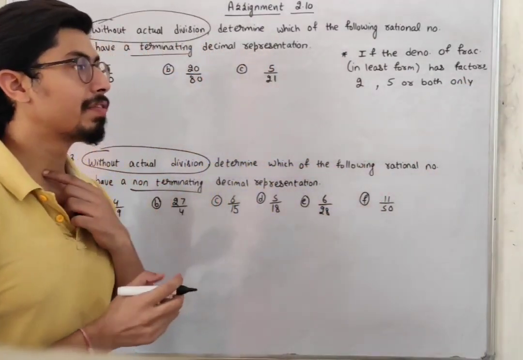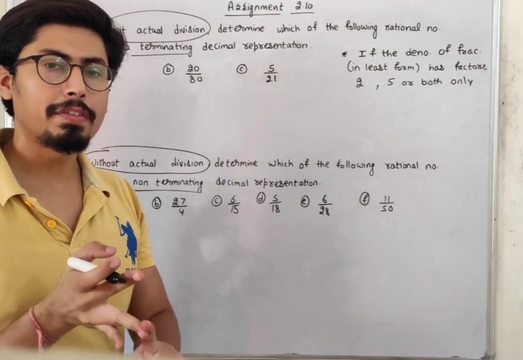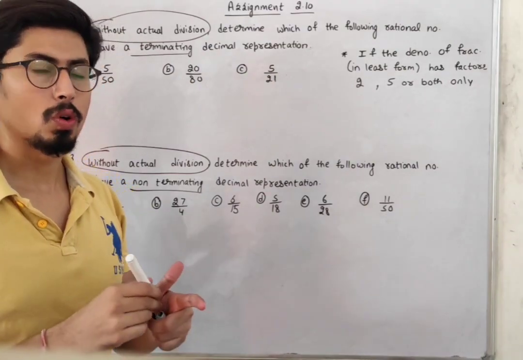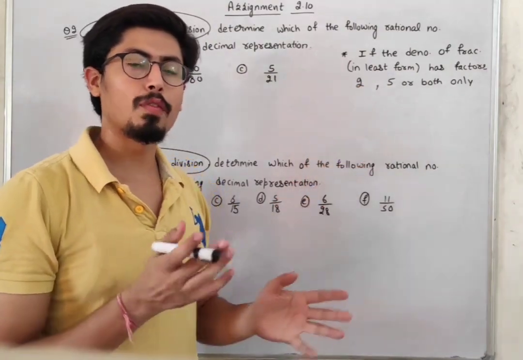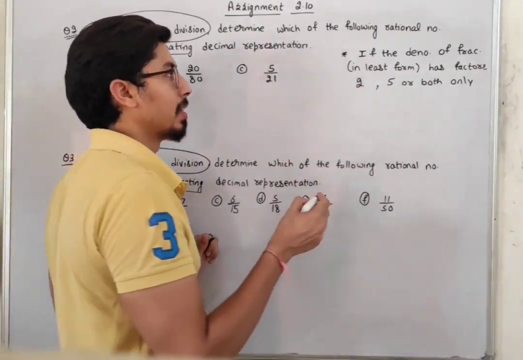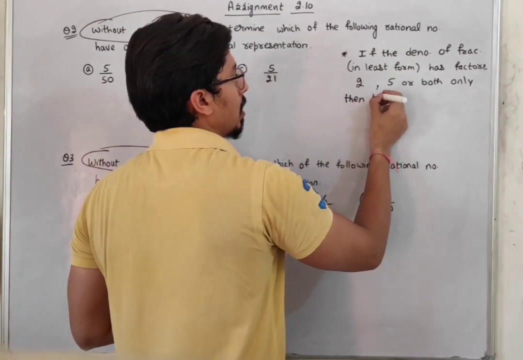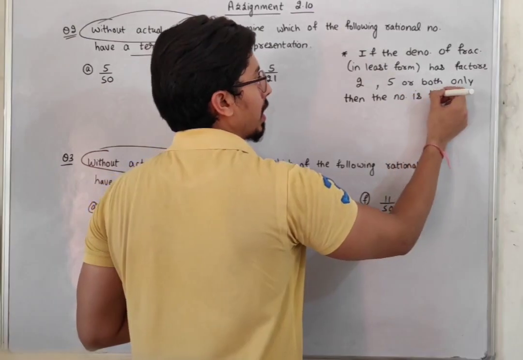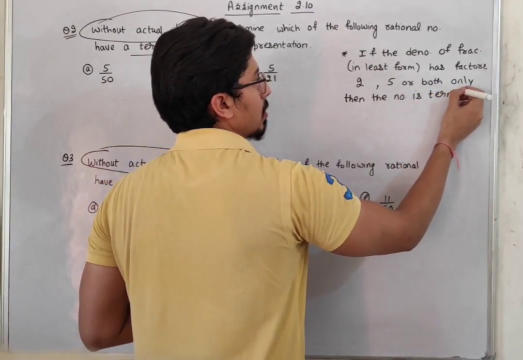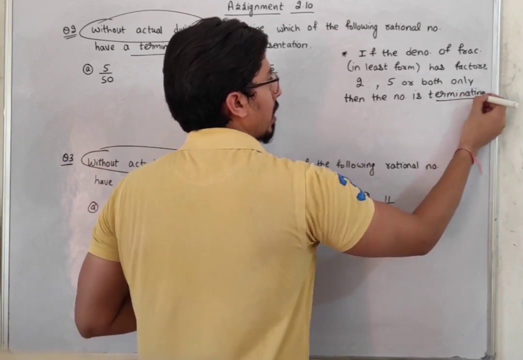See students, if the denominator of the fraction has the factor 2, 5 or both, okay, it can be only 2, only 5 or both of them, then the number is terminating. Okay.